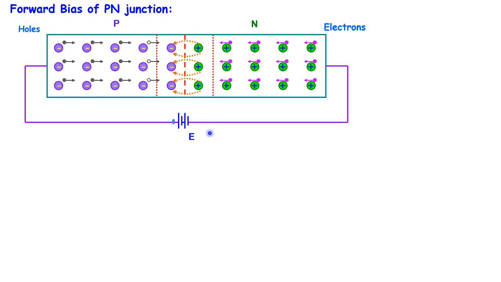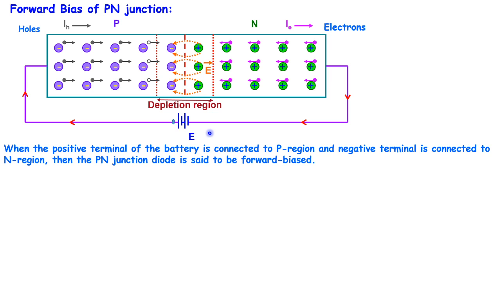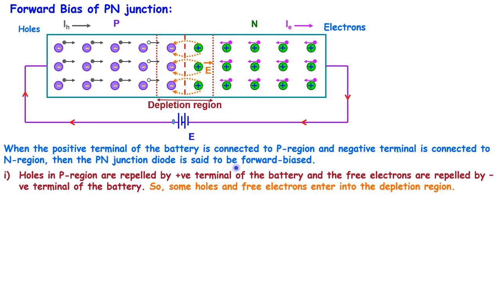In forward bias, the depletion layer vanishes. So here the depletion layer will vanish, and the holes in the P-type semiconductor recombine with electrons. When the positive terminal of the battery is connected to P-type and the negative terminal is connected to N-type, then the PN junction diode is said to be forward biased.